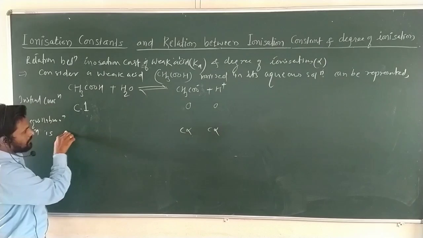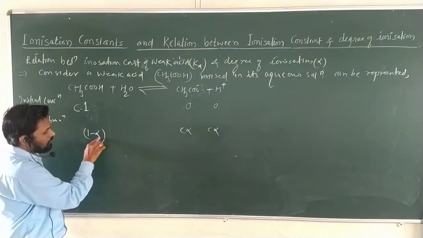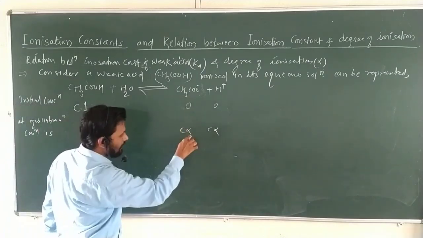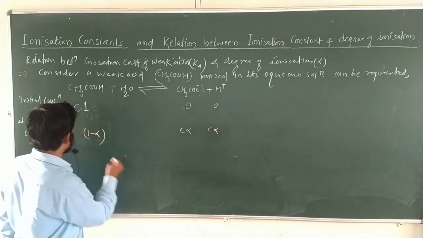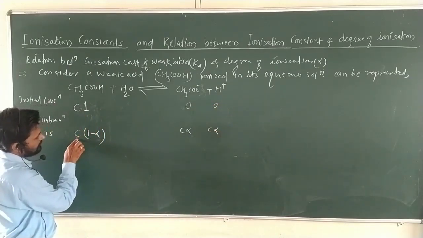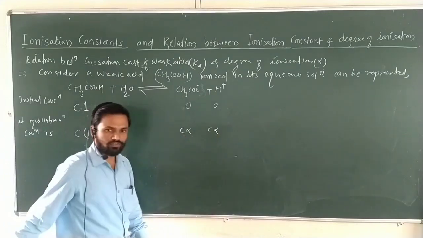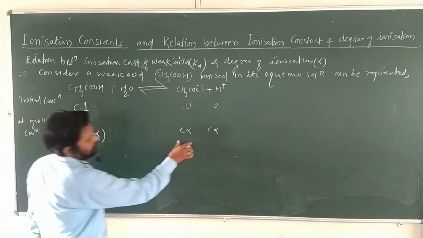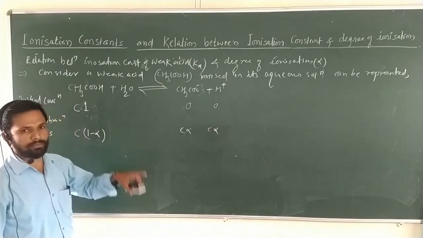At equilibrium, 1 minus alpha will remain, meaning alpha molecules are ionized into acetate ion and alpha molecules into H plus ions. The concentrations are C into 1 minus alpha, C alpha, and C alpha. These are the concentrations of remaining acetic acid, acetate ion, and H plus ions, which we have to apply.